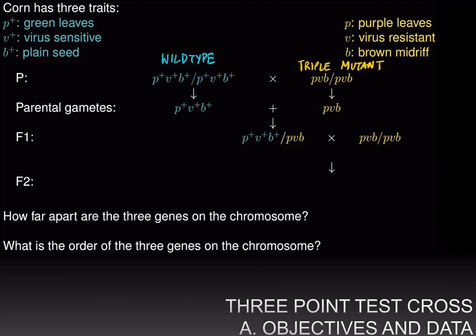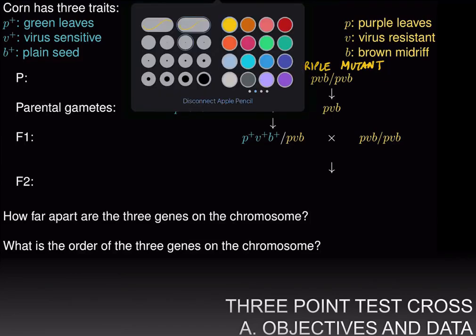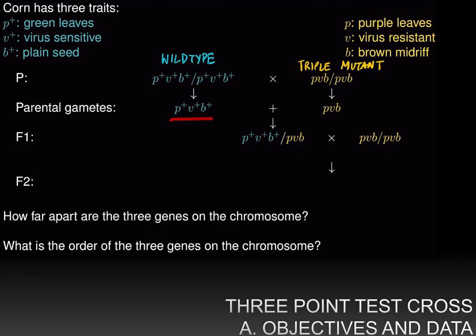And the gametes these 2 individuals will produce will be either P plus V plus B plus, and all the gametes will be the same because this individual is pure breeding and is homozygous for all 3 traits.